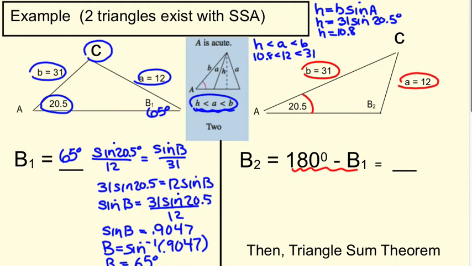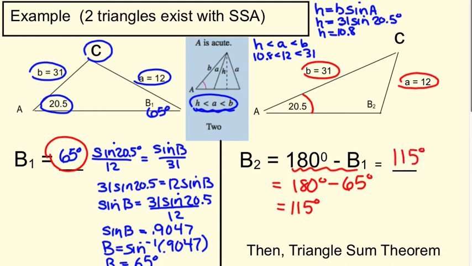Remember, angle B1 is way over here at 65 degrees. So we say 180 degrees minus 65 degrees, and we get 115 degrees. So that's this angle here.